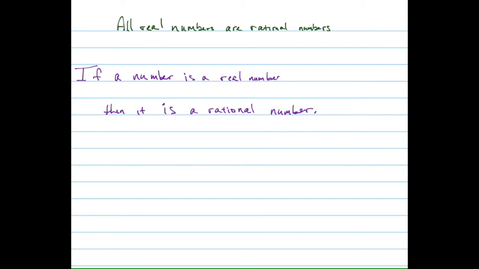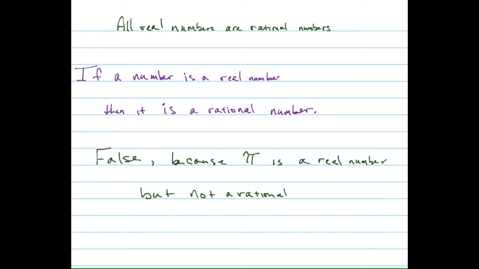So we would say this is false because we need a number that satisfies the hypothesis. It has to be real. Pi is a real number, so it fits the hypothesis, but not the conclusion. It's not a rational number.